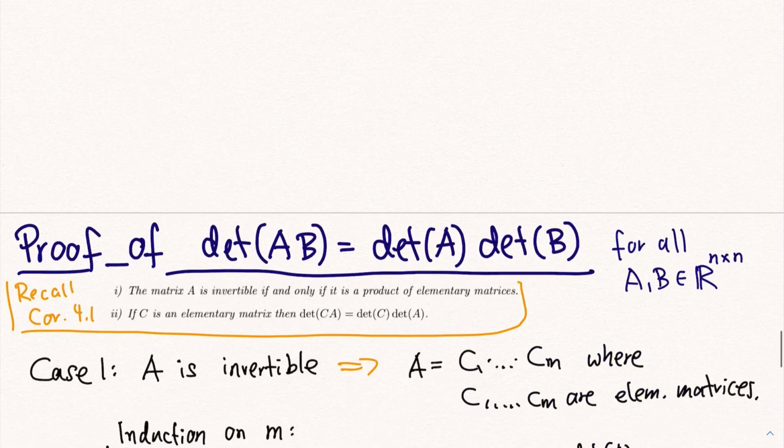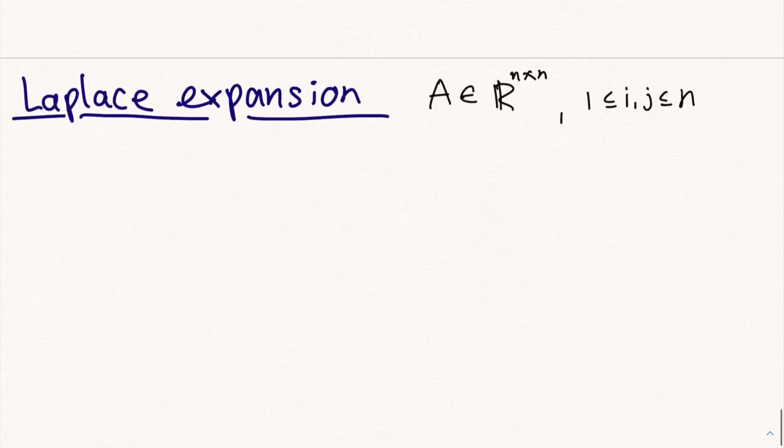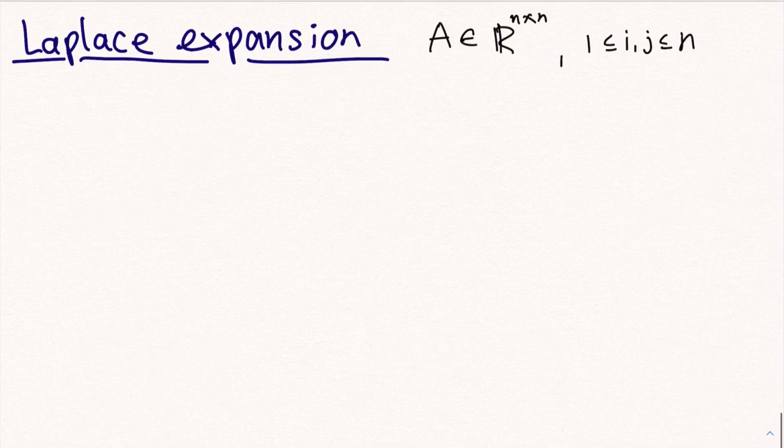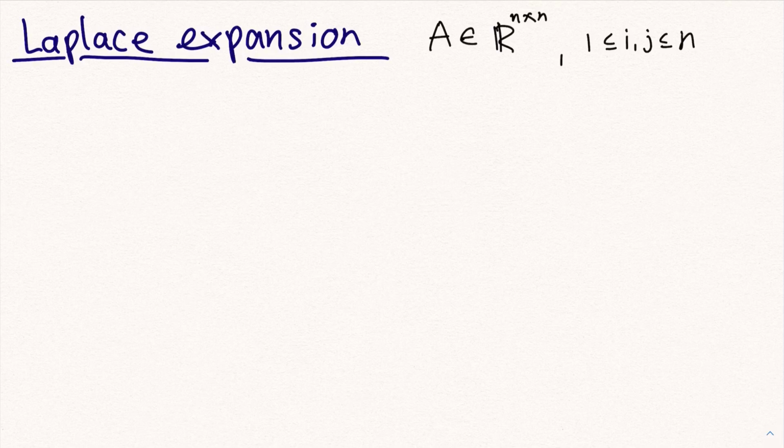But there's also some inductive way to do this, which is called the Laplace expansion, and this I just want to mention, but I will not give a proof. But I think this is quite useful to know to calculate determinants.